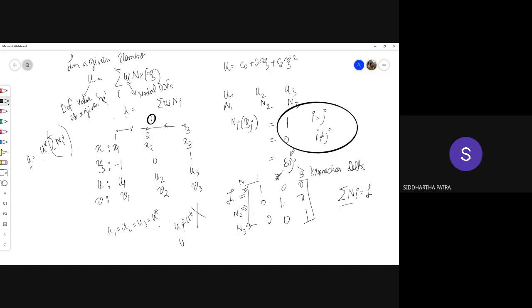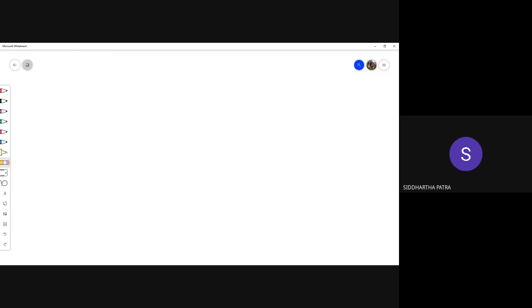Now let us try to define these shape functions. As we have already discussed, let's say this is the xi axis. And this much is 1 along the y-axis, and this one is xi equals -1, and this is xi equals +1.